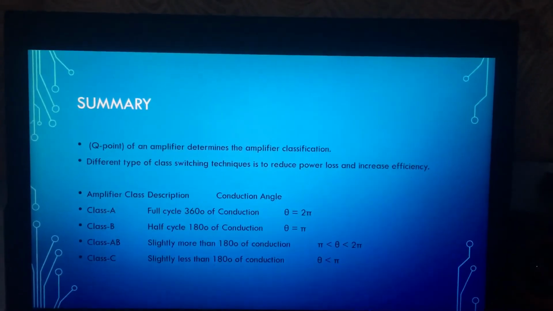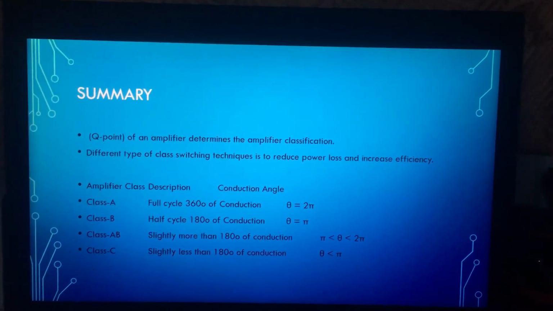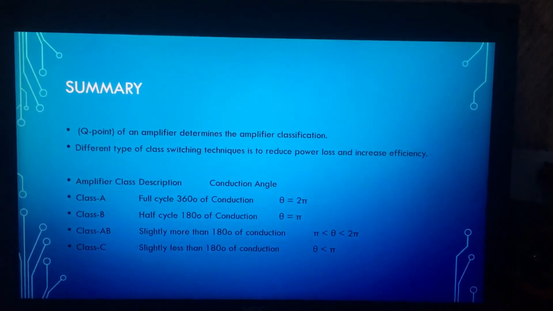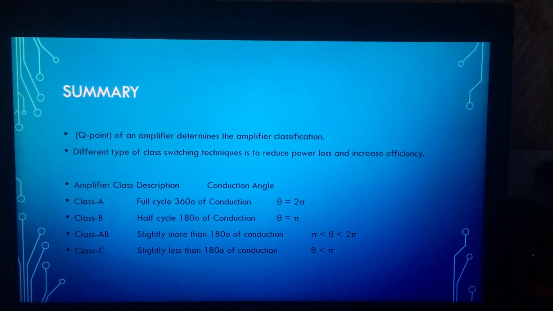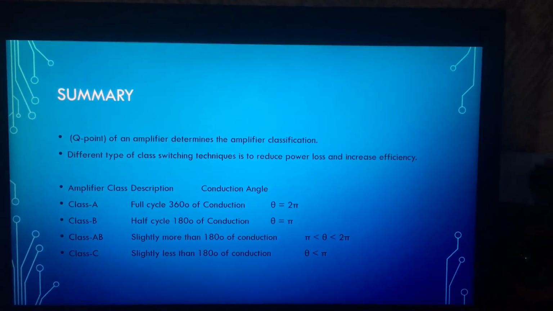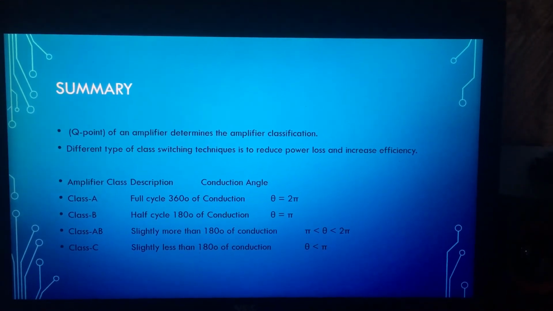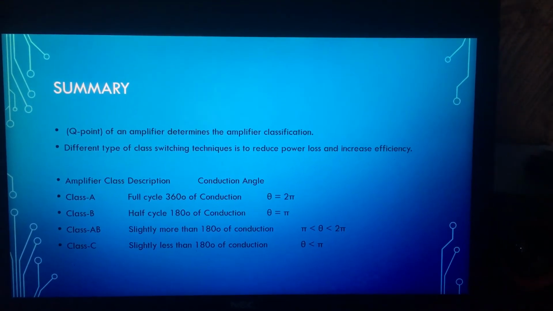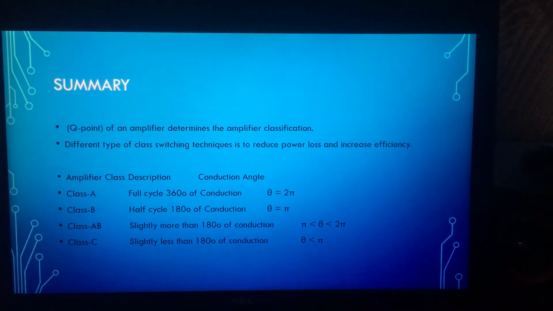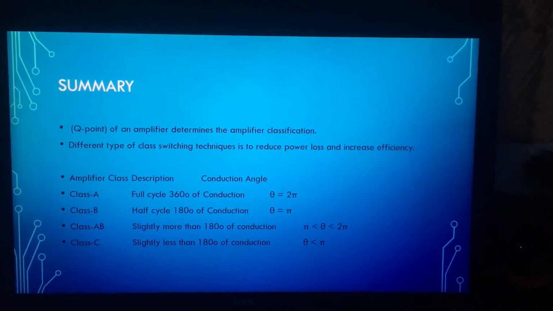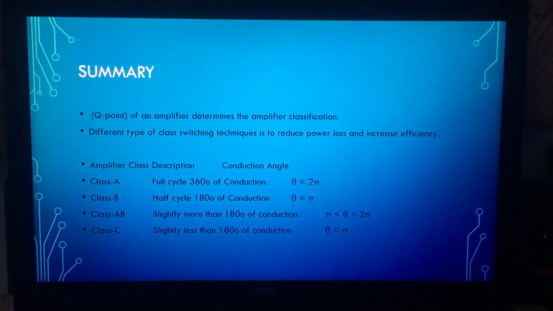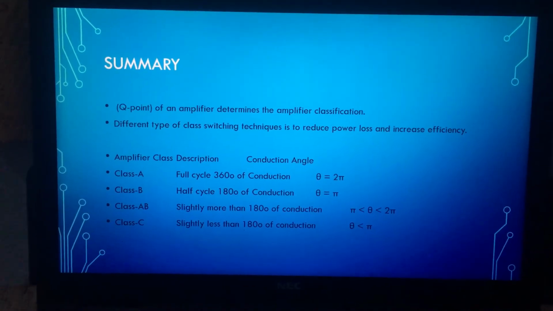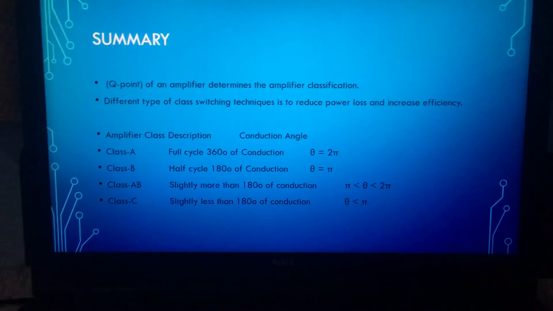Okay, this was the summary. The Q point of an amplifier determines the amplifier classification. Different types of class switching techniques are used to reduce power loss and increase efficiency. Okay, the amplifier class description is as shown below.